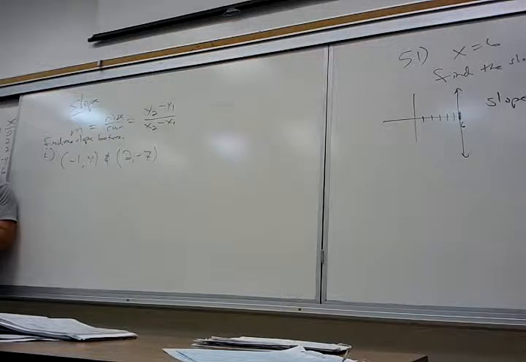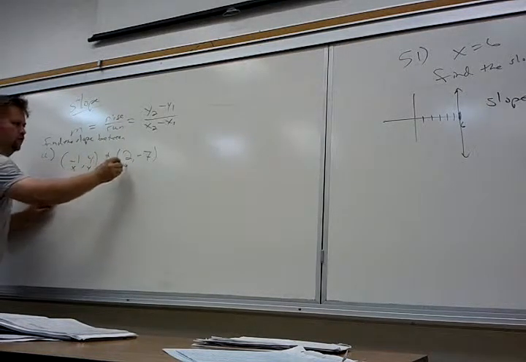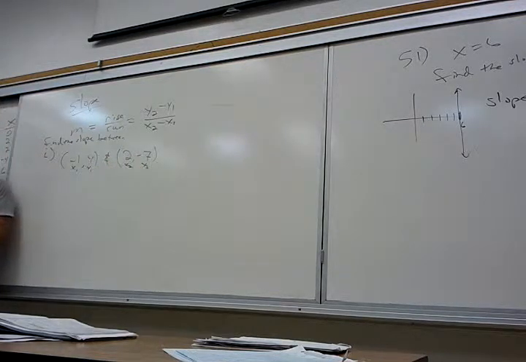If you're not terribly comfortable with this, you can always label them and then just plug and shove. If you need to, you could say x1, y1, there's my first point, x2, y2. And now it's just plug and shove. If you don't need to do that, don't do it.